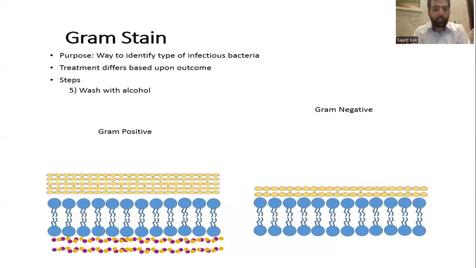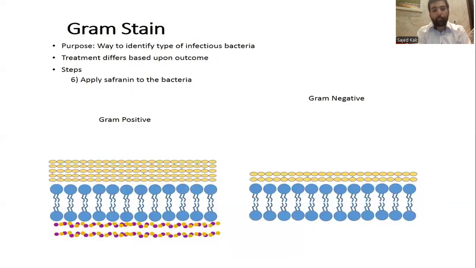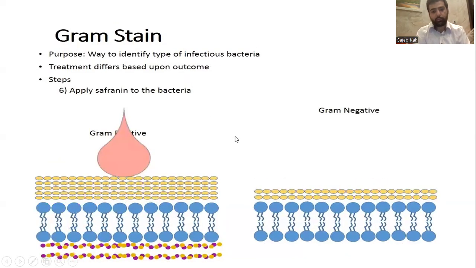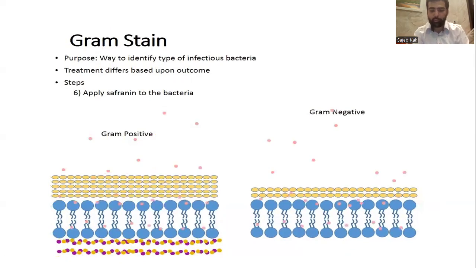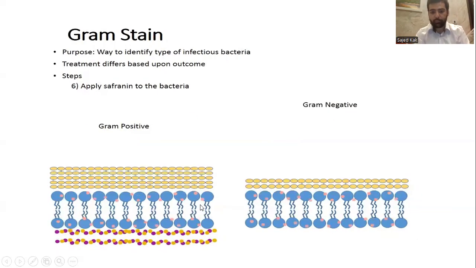After we did that, we apply safranin to the bacteria. The safranin has a red-pink color. As you can see, it's stuck in the lipid bilayer, mainly the heads of the lipids.